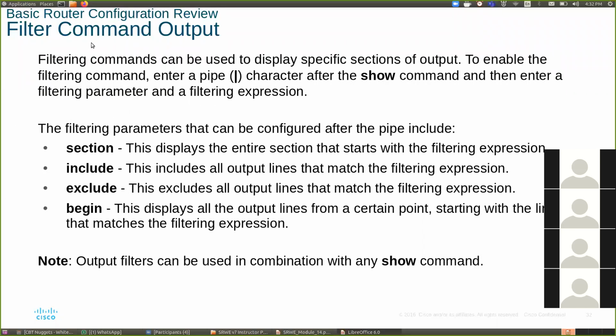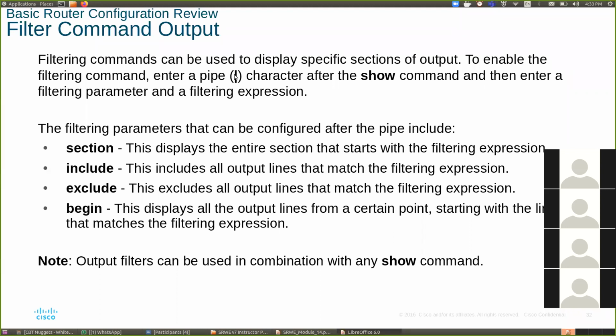Filter command outputs. Mainly, you use filters to select what you want to see on your screen when you are running show commands. Some core router configurations can go multiple pages, and you are looking for specific information. You don't want to go through all those pages. It's going to be very difficult for you. So you can use the filter command. That's the pipe command you're seeing here.